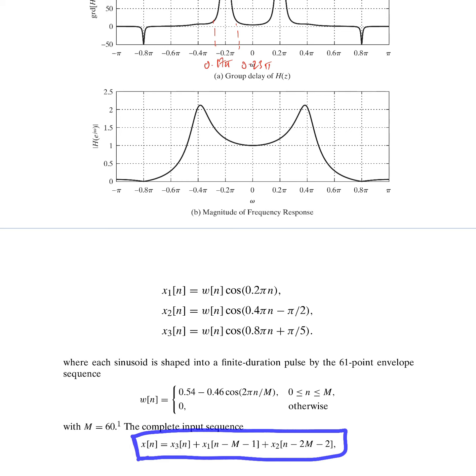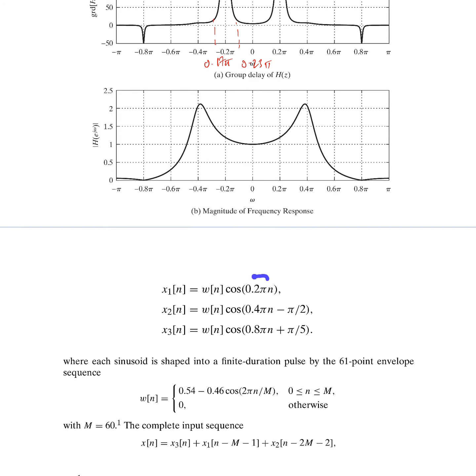The reason why we are using this signal is so that we can see the effect of different frequency components in the signal with respect to the frequency response of the system.